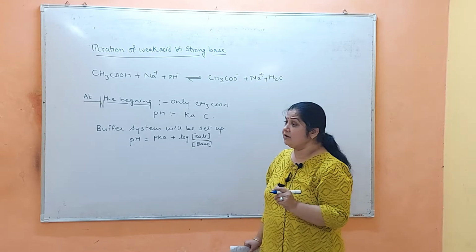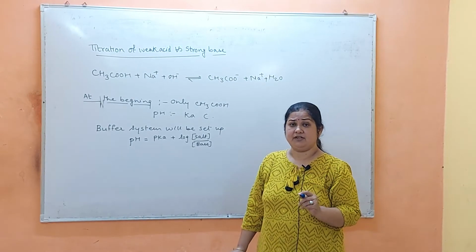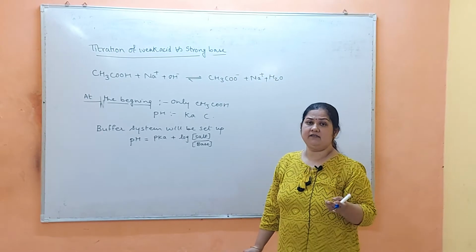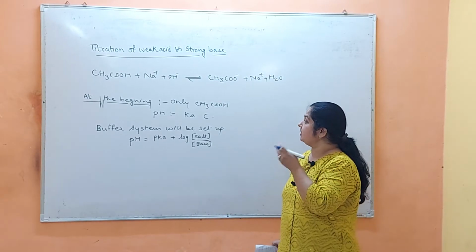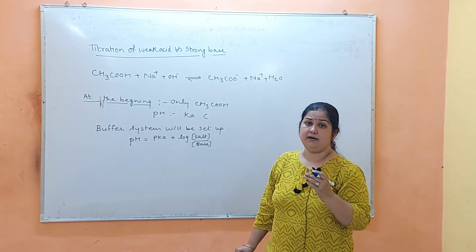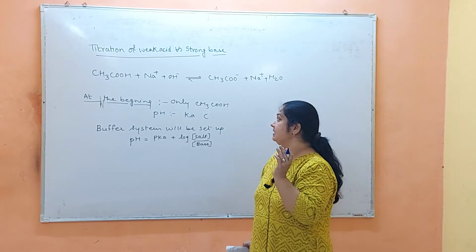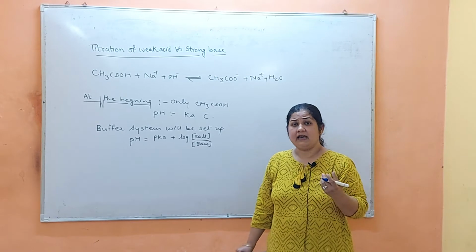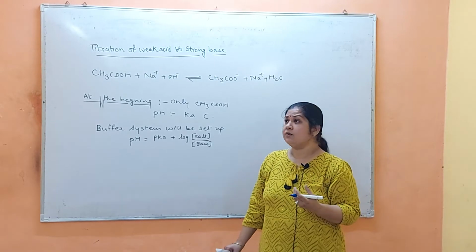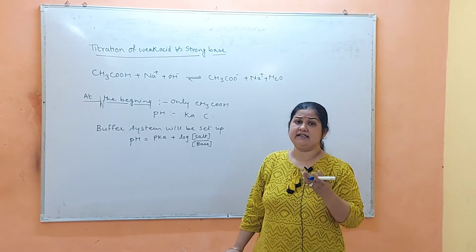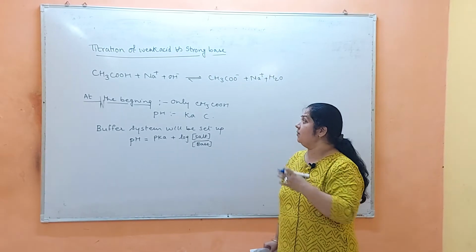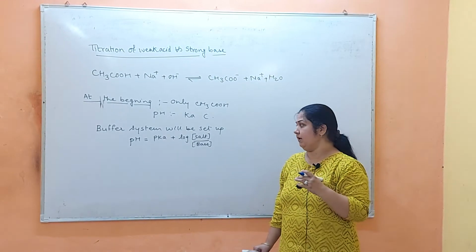Whenever you are using a base in a titration, it will be the titrant. So here NaOH will be your titrant whereas acetic acid will be your analyte. In layman's terms, you will pipette out acetic acid, that is, in the conical flask you will take acetic acid, and NaOH will be taken in the burette.